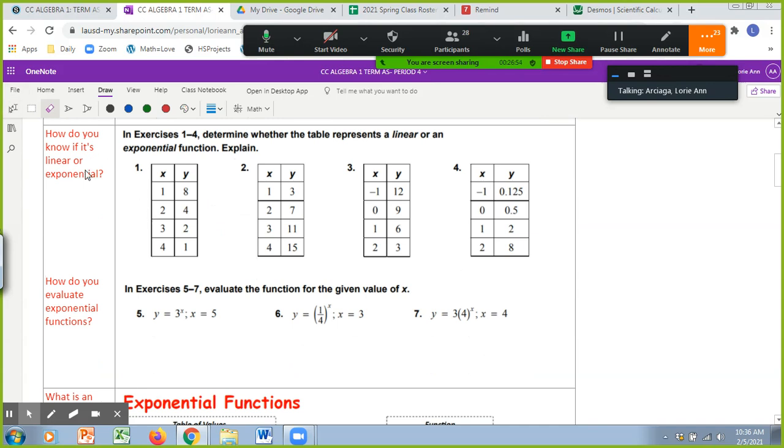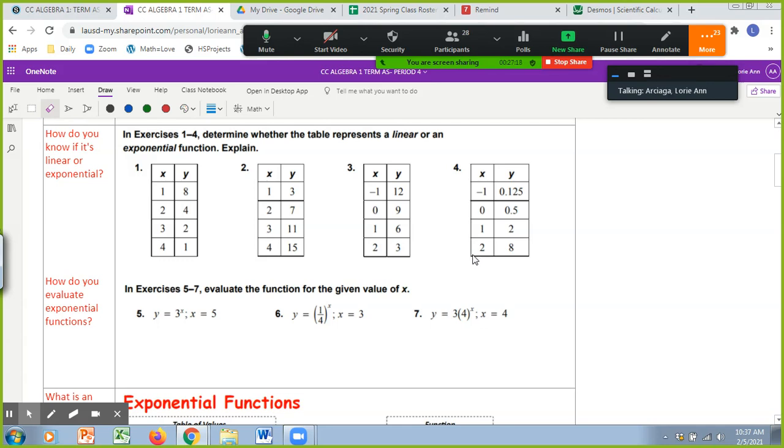So how do you know if it's linear or exponential? Determine which one, and you have to explain why. Okay, so let's try. If you look at all the x columns, all of them are increasing by 1, right?